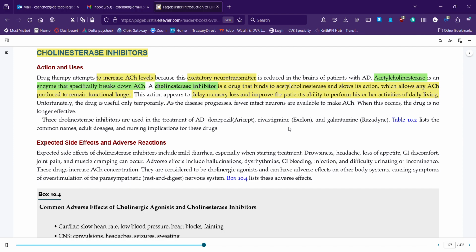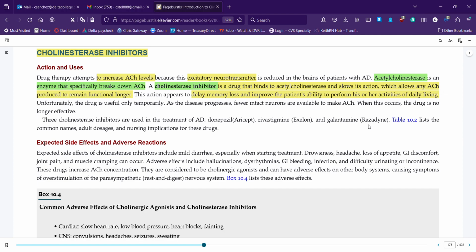And then our second one, which is the brand name, is Exelon. And this Exelon, y'all, is usually in the form of a patch. And so the generic is going to be rivastigmine. Okay.